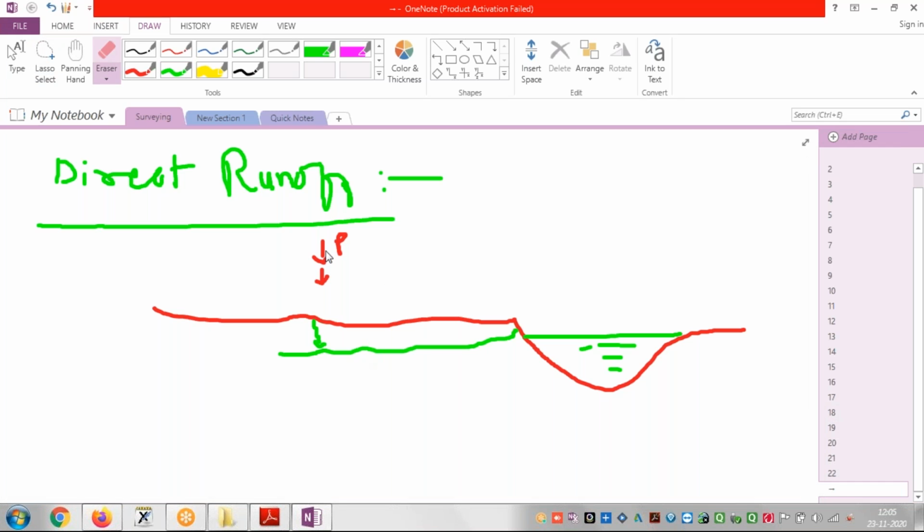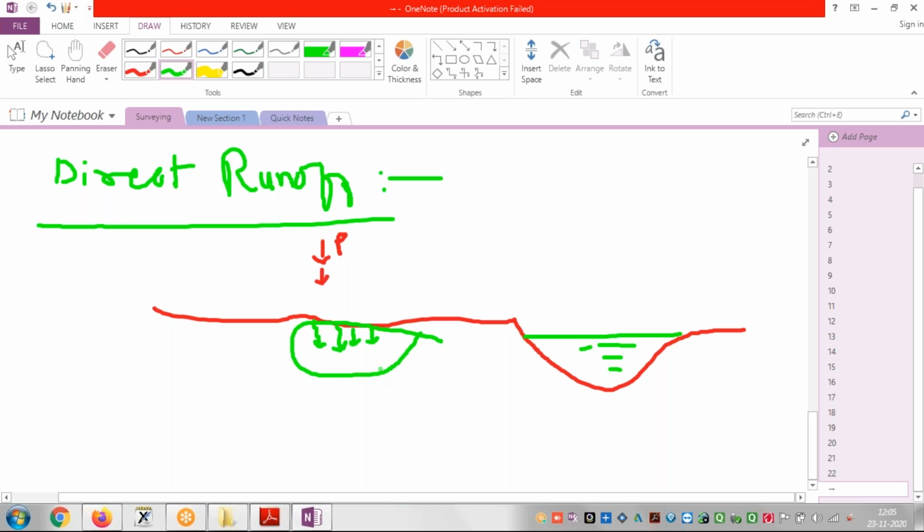It is already studied that after 2 to 4 days, whatever water came here will meet the river.